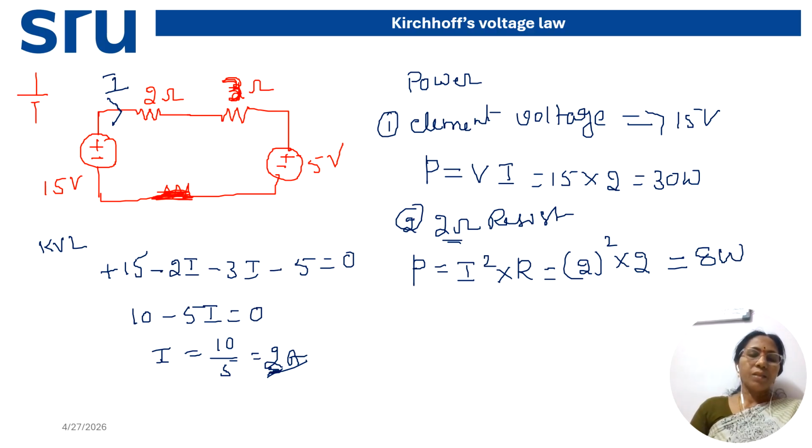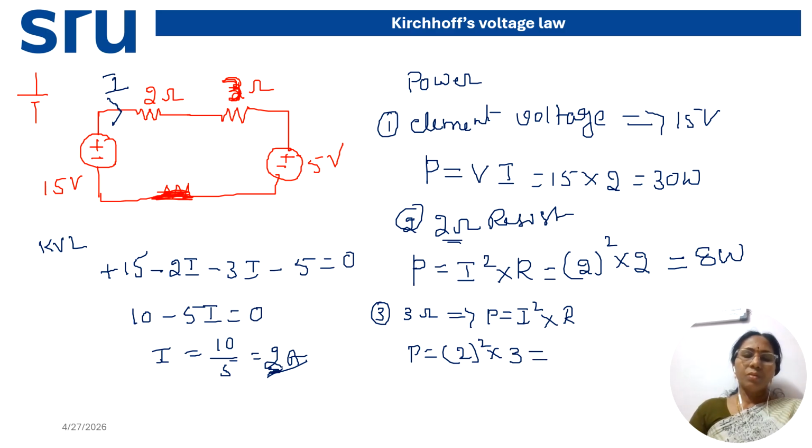Right. And similarly, the third element is again a resistance, 3 ohm, and I am writing the power equation again I square into R. So P equals 2 ampere square into 3. Yes, resistance is 3. Now 4 threes are 12 watt.